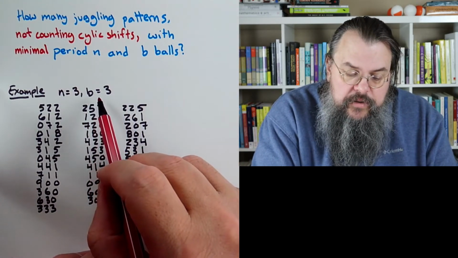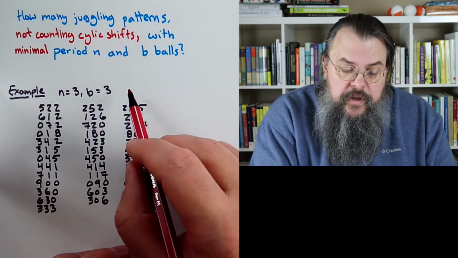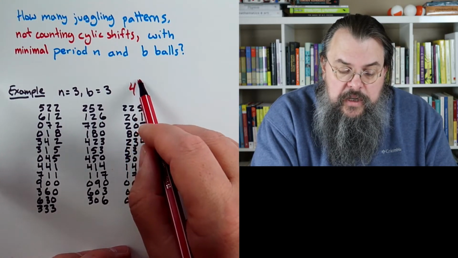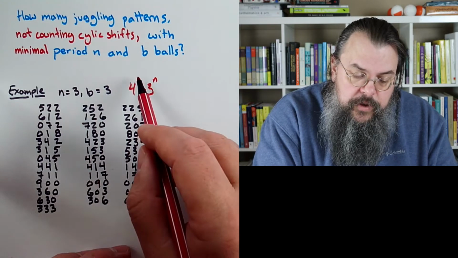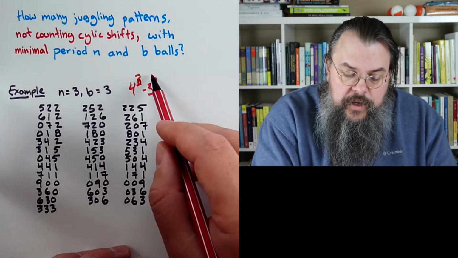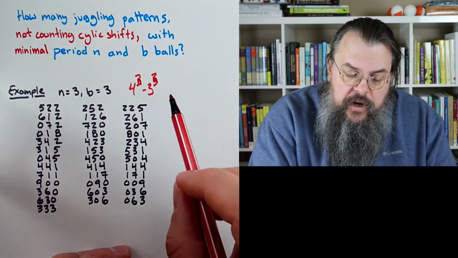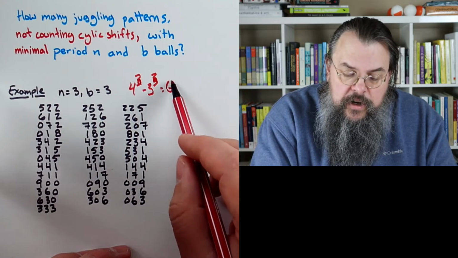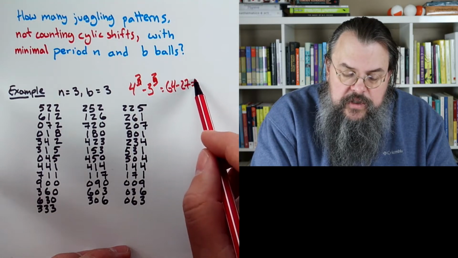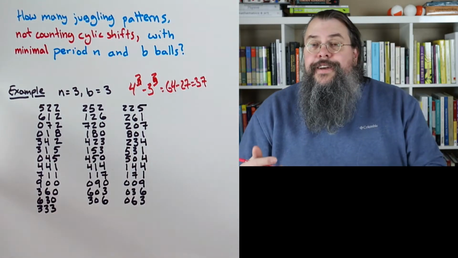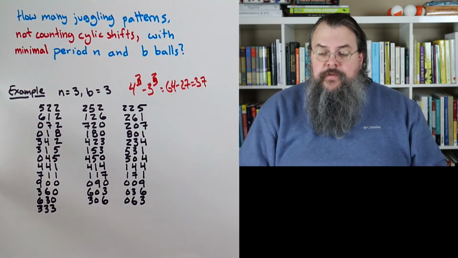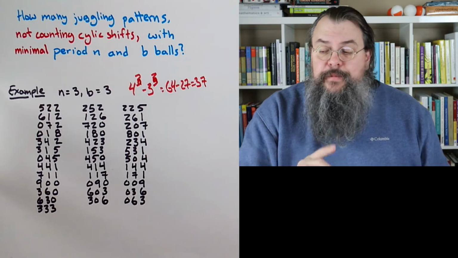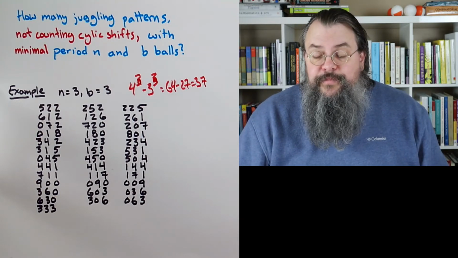Take the number of balls plus 1 to the period, so that would be 4 to the n, and subtract 3 to the n. Well, n is 3, so 4 to the 3 minus 3 to the 3. That's 64 minus 27, which is 37. Great. And we actually have them all listed here. So there's 37 patterns, or more precisely, remember, 37 descriptions of patterns.